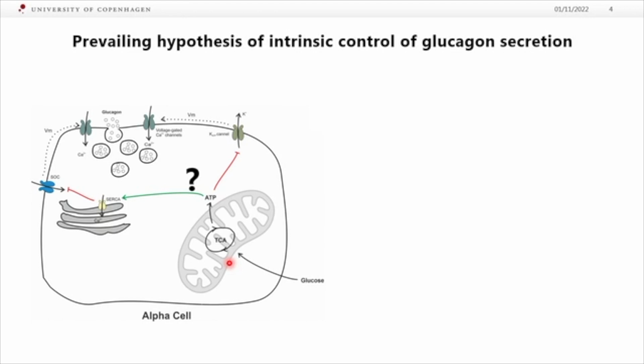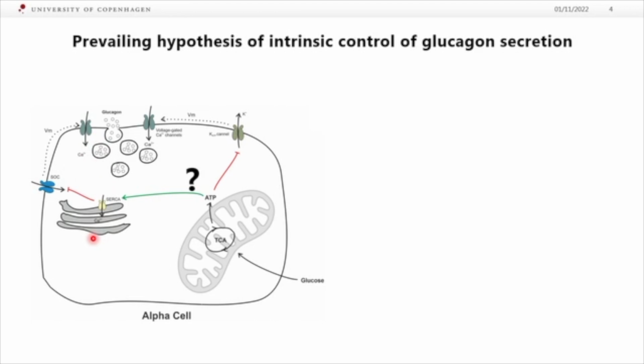And here we have disparity in what we think is happening. There are two main hypotheses suggested. One suggests that we activate the SERCA pump, thereby increasing intra-ER calcium. And this dissociates proteins on the ER from channels, store-operated channels at the membrane, and this changes calcium influx into the cell.